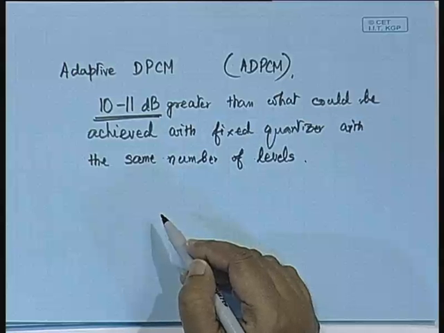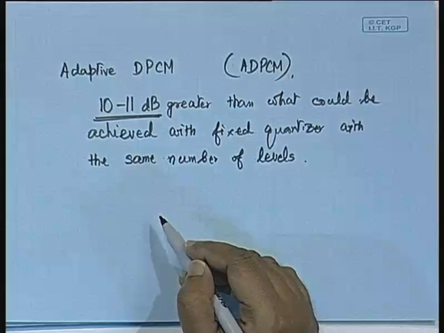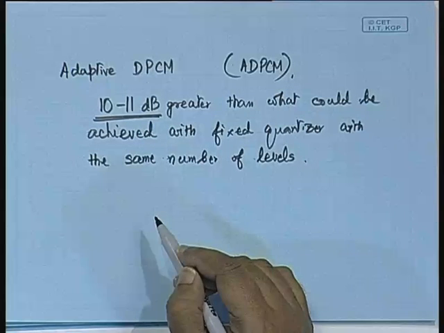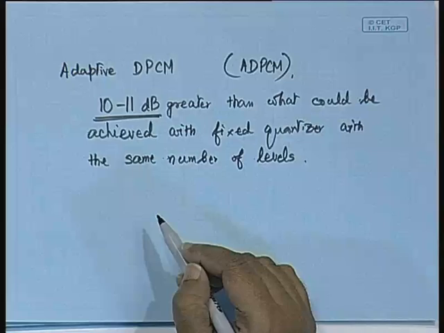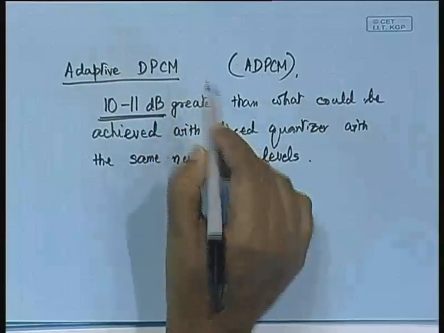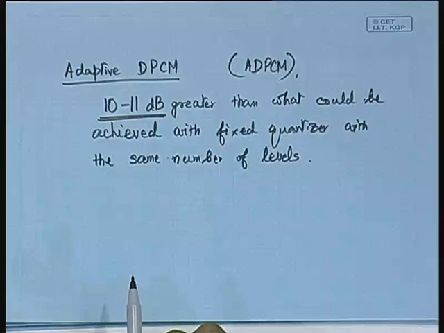So, now you see that if you compare the adaptive DPCM performance with that of a PCM, the improvement is manifold. Okay. And for speech waveform coding, adaptive DPCM is going to be a very attractive approach.